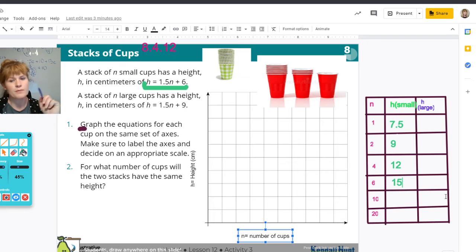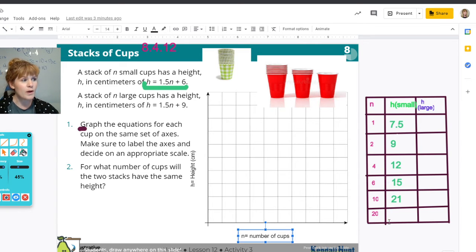You can check my math with a calculator. In fact, you better check my math with a calculator. Don't trust me. Now, if n equals 10, then that's 1.5 times 10, that's 15, plus 6 is 21. What if n equals 20 cups stacked on top?